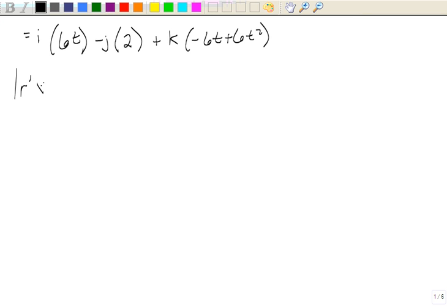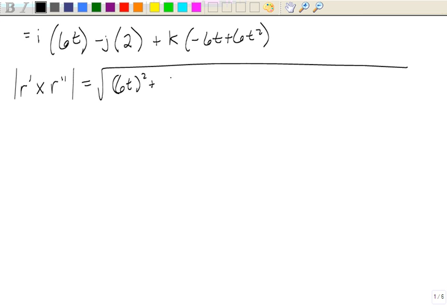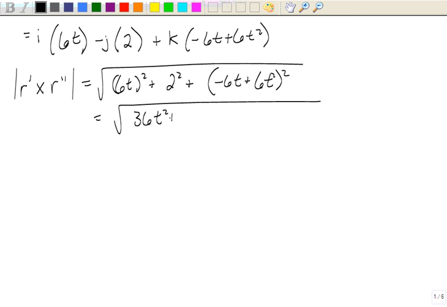And the magnitude of that is the square root of (6t) squared plus 2 squared plus (minus 6t plus 6t squared) squared, which is 36t squared plus 4 plus 36t squared plus 36t to the fourth minus 72t cubed.